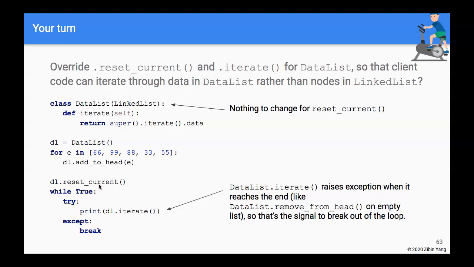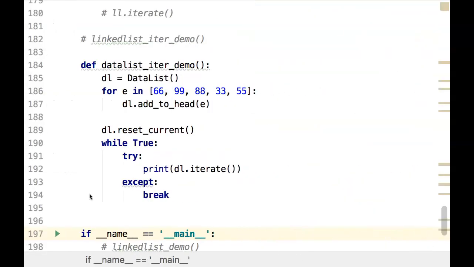So for the traversal of the data list, we will put this data list iterate in a try except block. When we get an exception, we know we reached the end of the list, and then we can exit out of the loop.